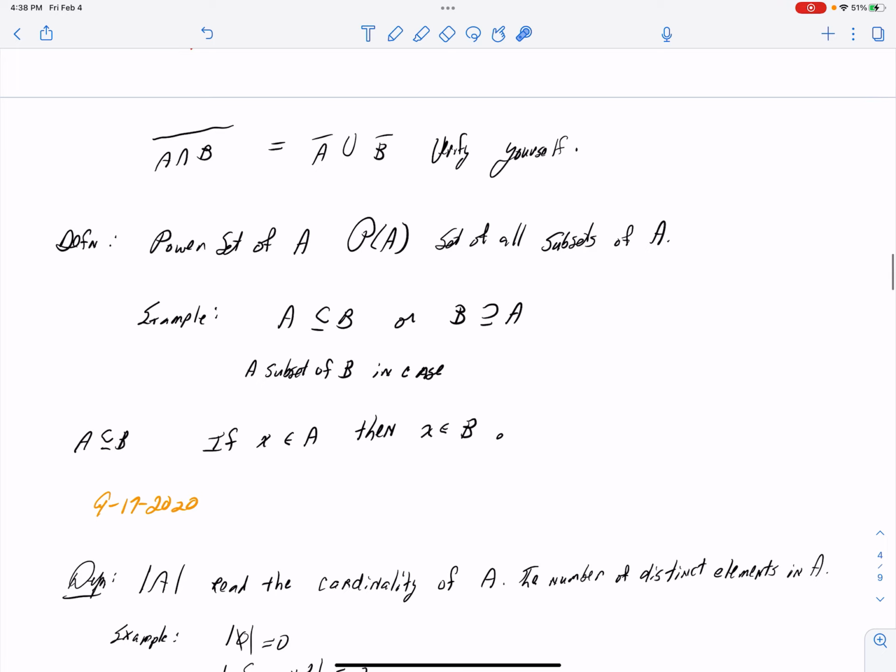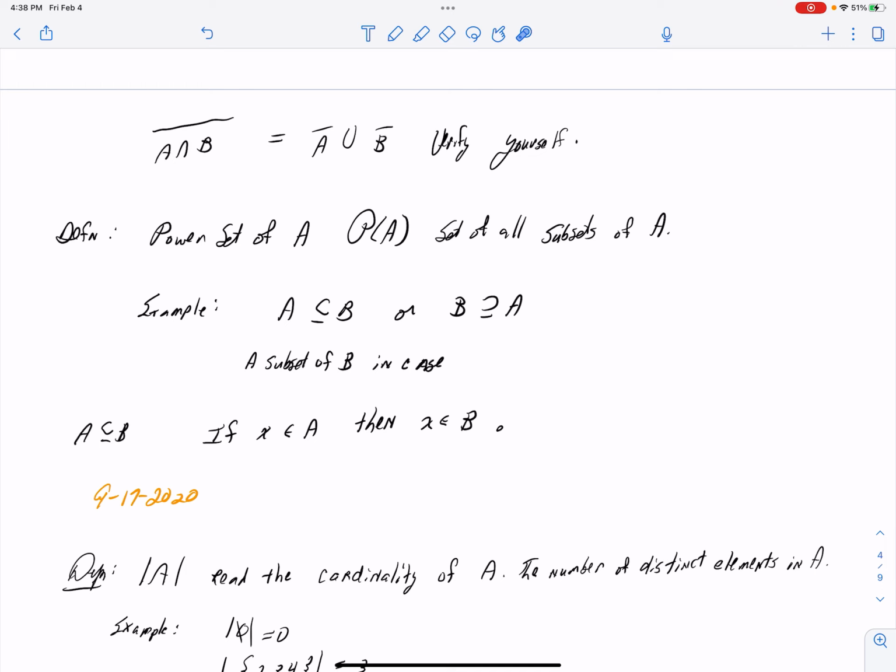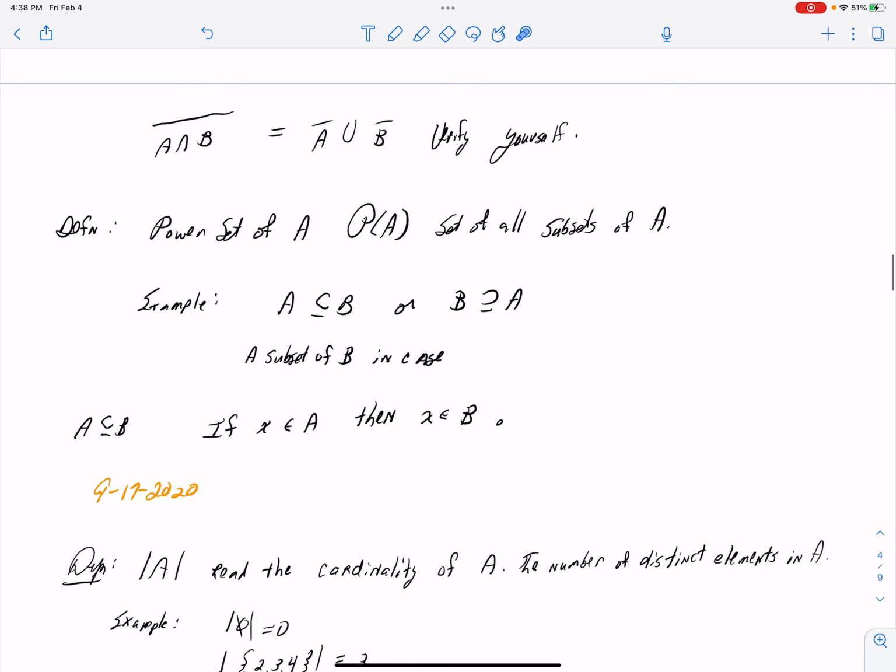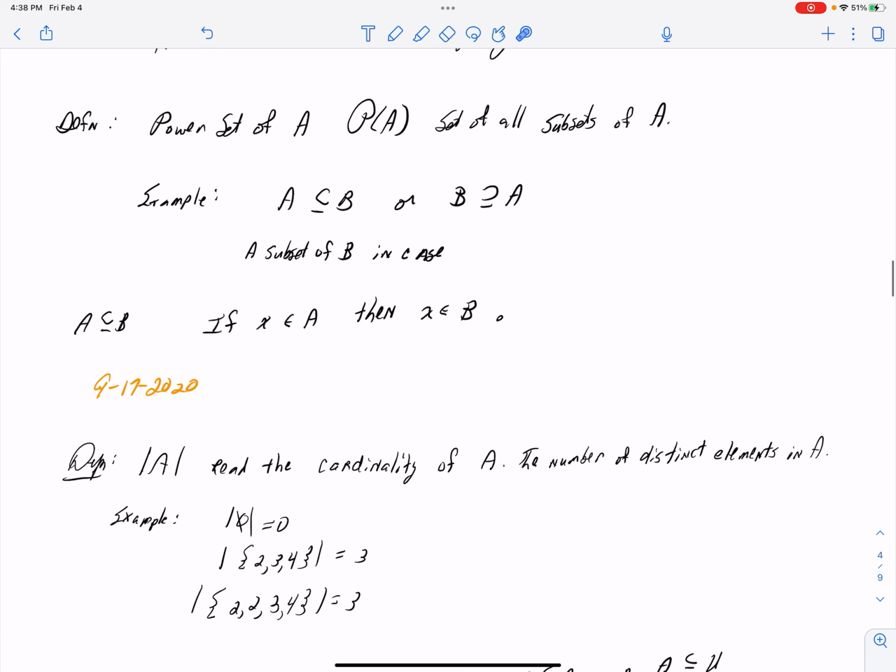Okay, finally, I want to talk about another set, special kind of set, called the power set of A. And what's the power set of A? I denote it by a script P of A. It is the set of all subsets of A. So the power set turns out to be a set of all subsets.